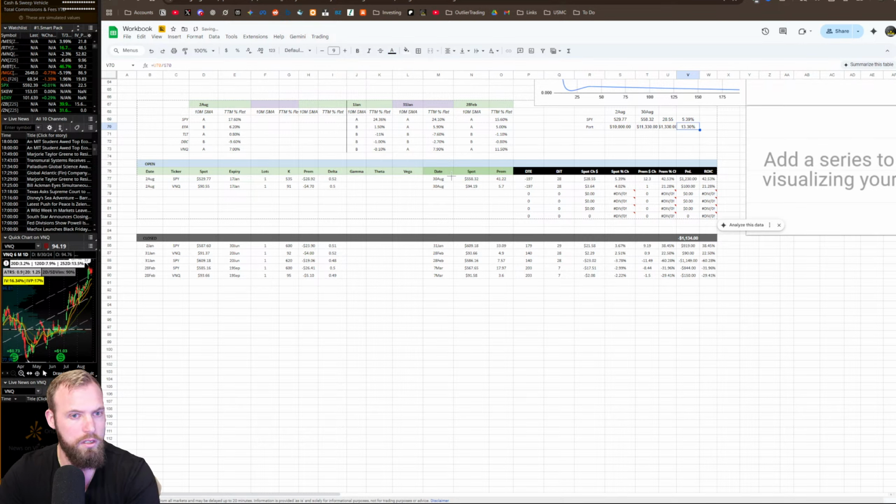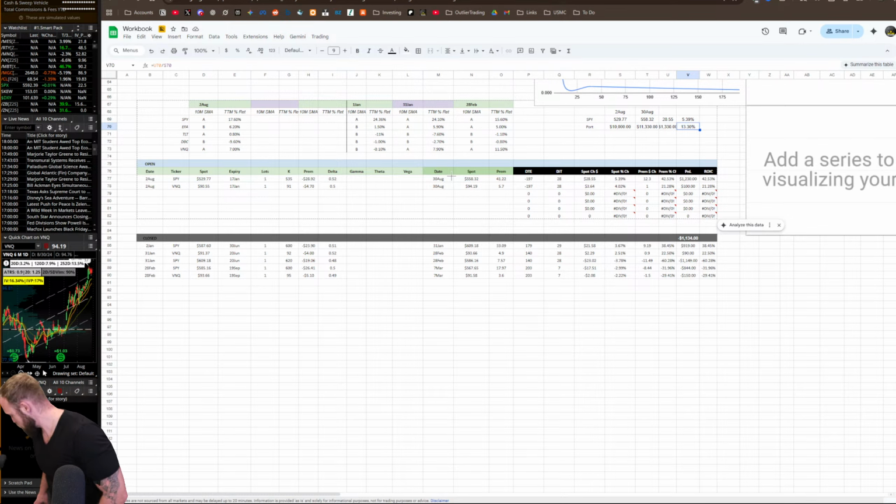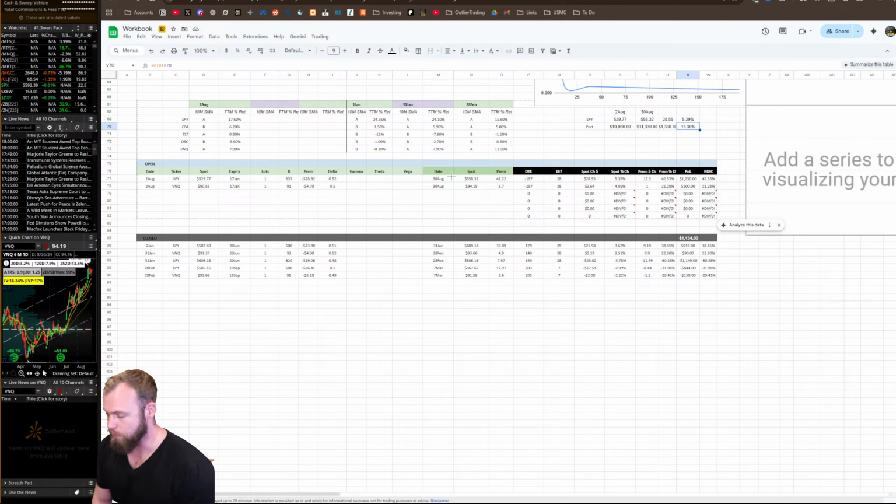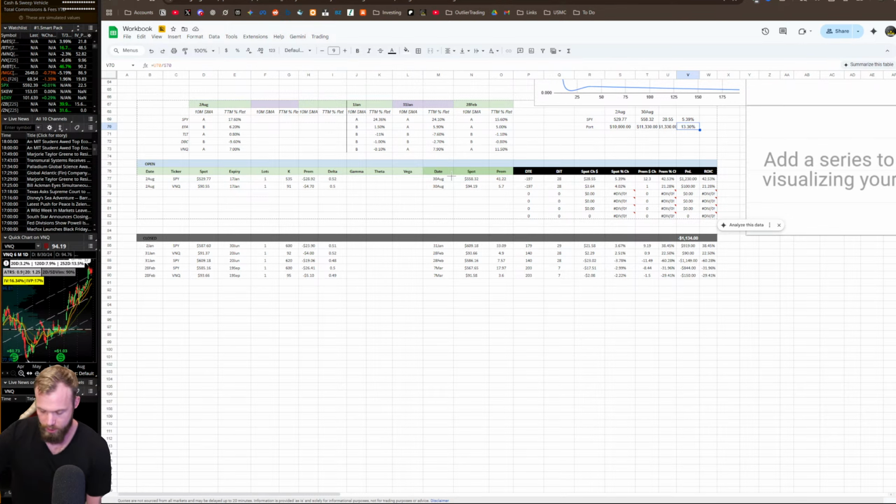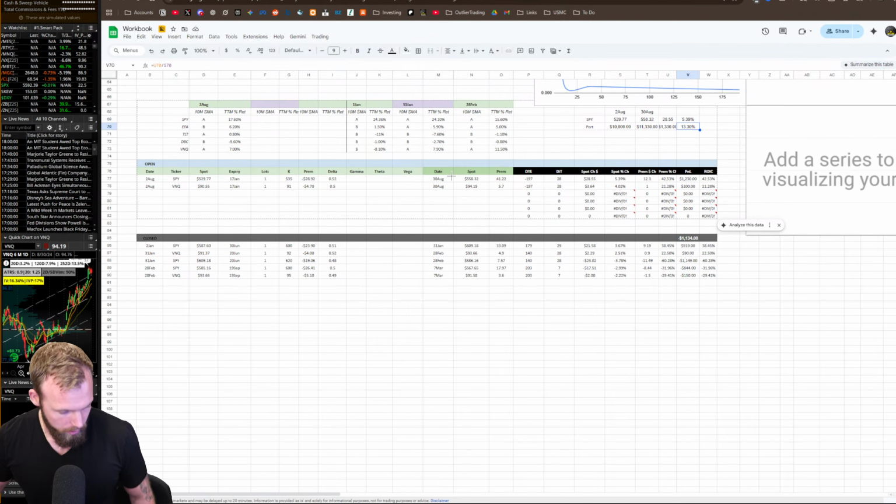So you can see your overall performance to the upside is almost triple. Your performance to the downside was not insignificant, but that's what makes this a higher volatility strategy. That's the whole point of something like that. And again, this isn't optimized really in any way. We just kind of picked a random expiration and a random delta to start with.